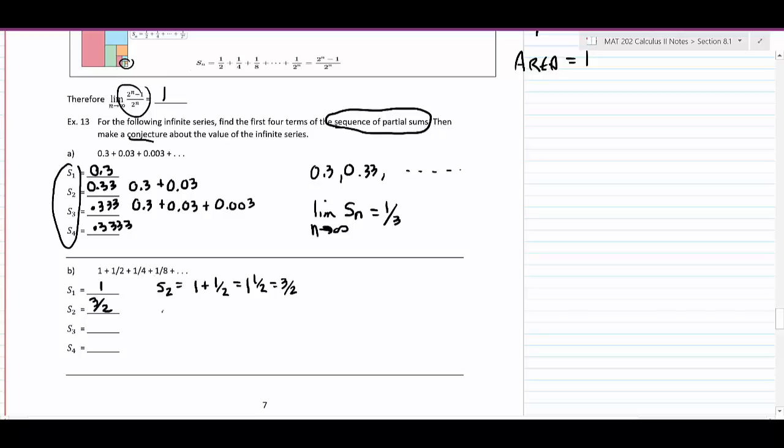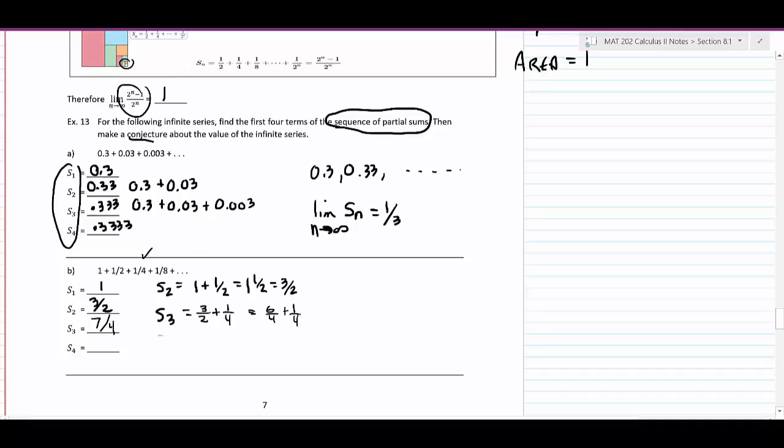We go to S3. You can do it like this. This is the best way to do it. Just take the answer to the previous thing, because we've already added up the first two terms. So we've already got 3/2. Add on the third term, 1/4. If you get a common denominator, that would be 6/4 plus 1/4. Anything you can do in your head's okay. That's 7/4.